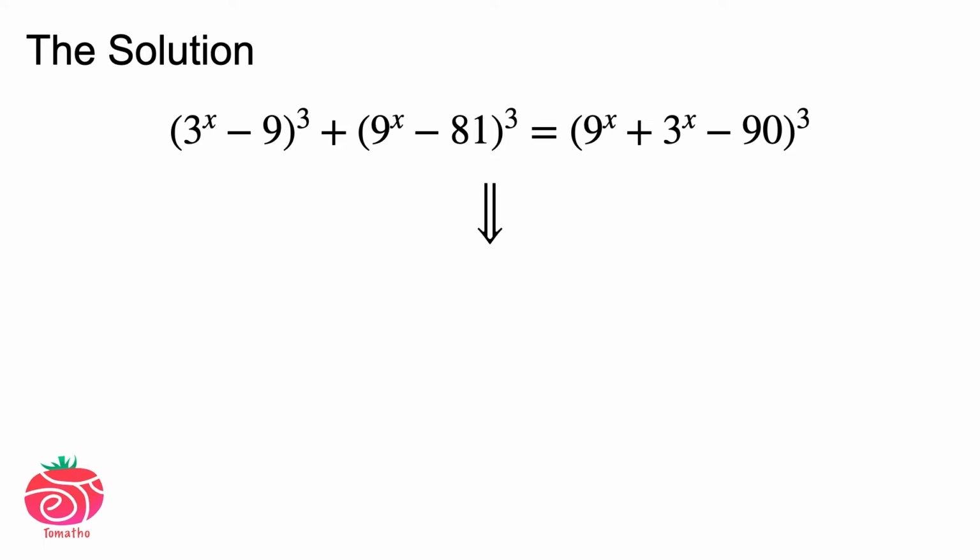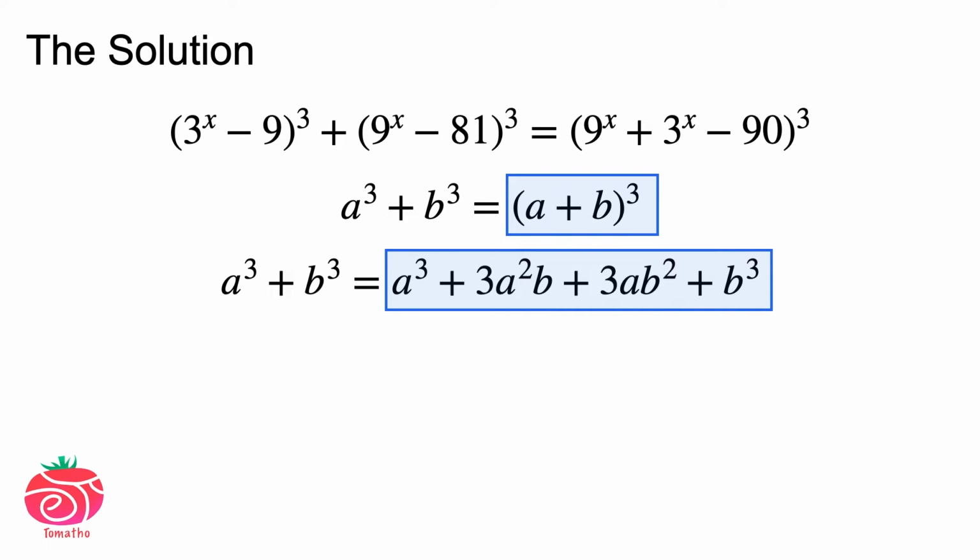So if we rewrite the original equation, we have a cubed plus b cubed equals a plus b, all cubed. Expanding the right hand side, we have a cubed plus 3a squared b plus 3ab squared plus b cubed.